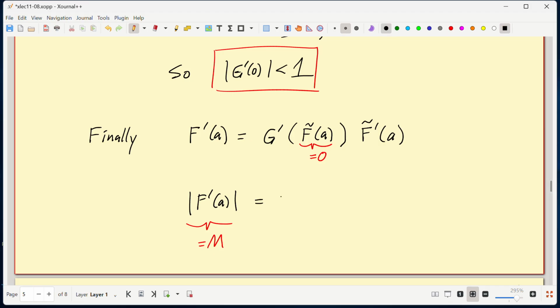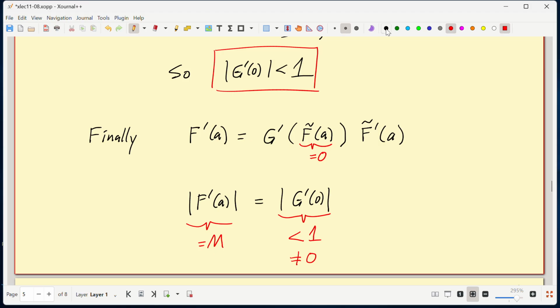That's equal to G prime of 0, which is strictly less than 1. And of course, it can't be 0 either, because a factor of it is multiplying something that's not 0.